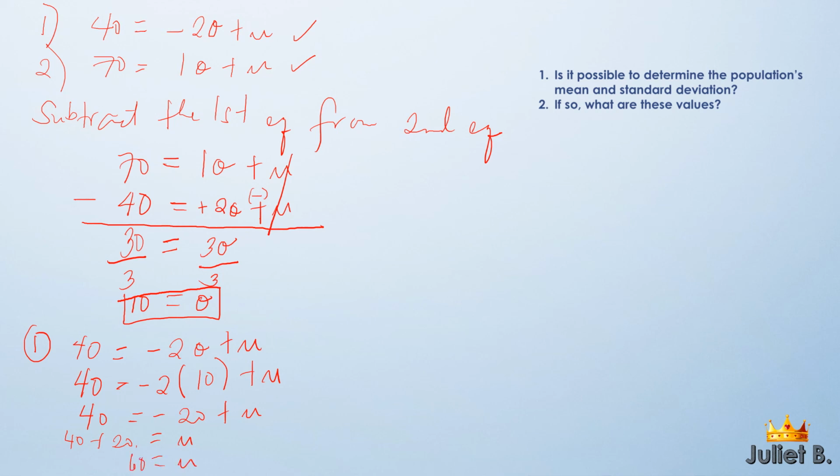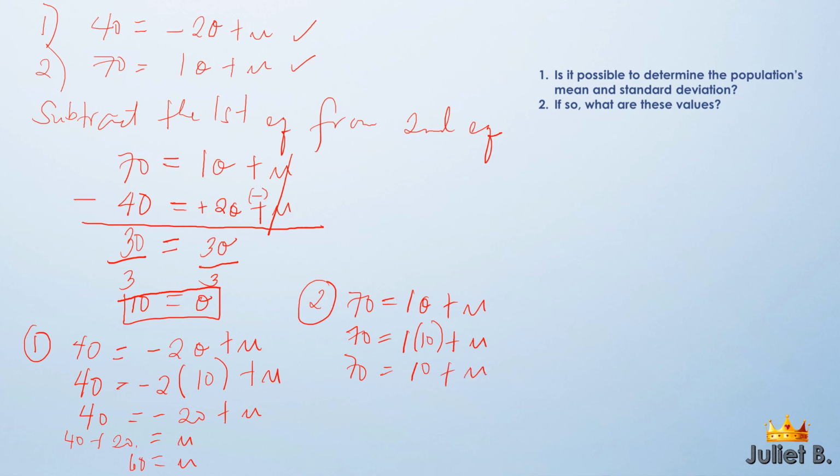Okay. So for our second equation, for us to verify if we still have the same answer even if we use the second equation, we'll have 70 is equal to 1 standard deviation plus mean. So we have 70 is equal to 1 times the value of the standard deviation, that is 10, plus mean. 70 is equal to 10 plus mean.